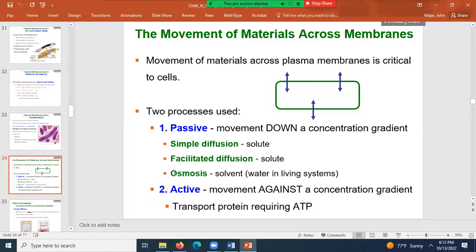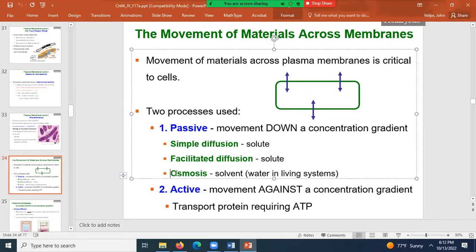So osmosis is specifically the movement of water across a membrane. And water is a solvent, not a solute. So if it was a solute, it wouldn't happen by osmosis. It would happen by either simple diffusion or facilitated diffusion. Any question about any of that?